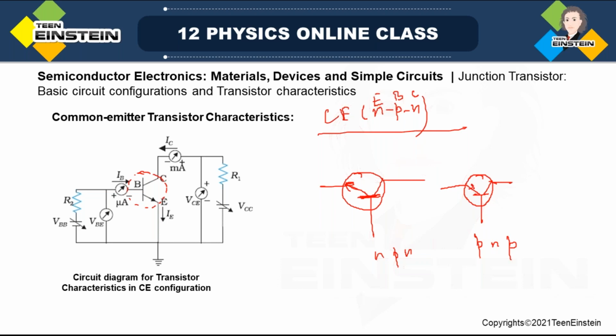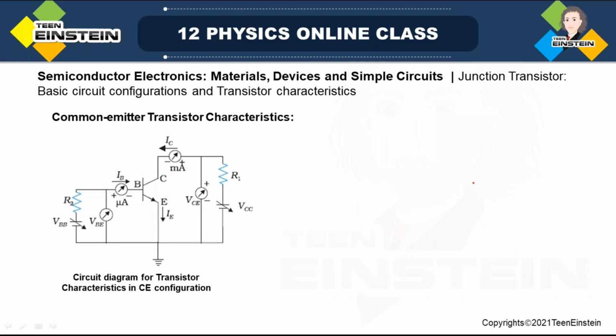So your arrow should be inward, towards the base. Sorry, I'll just redraw. If it is PNP, then your arrow should be inward towards the base. So this is emitter, this is base, and this is collector. This is the circuit diagram.